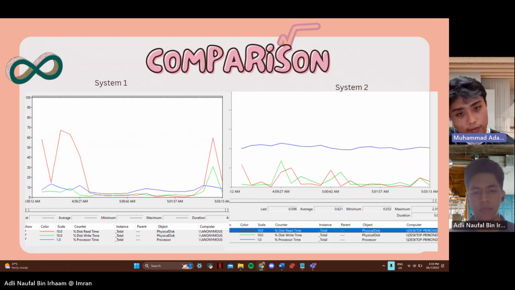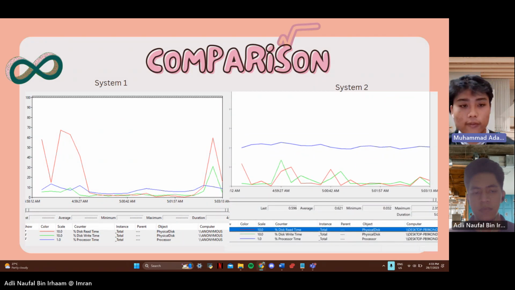Okay, now for both system 1 and system 2, as you can see here, there are some differences and similarities. For processor time, system 1 happens to have a much better processor time, where the time is very low, and for system 2, the processor time is high.